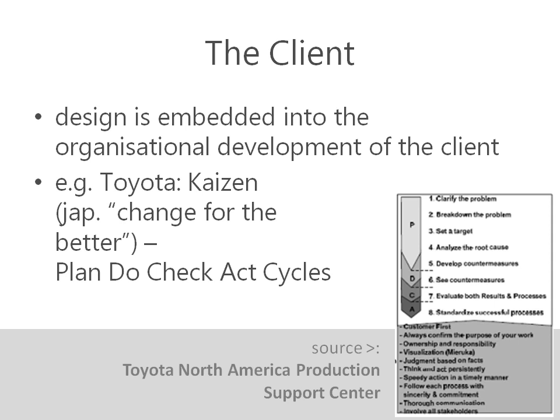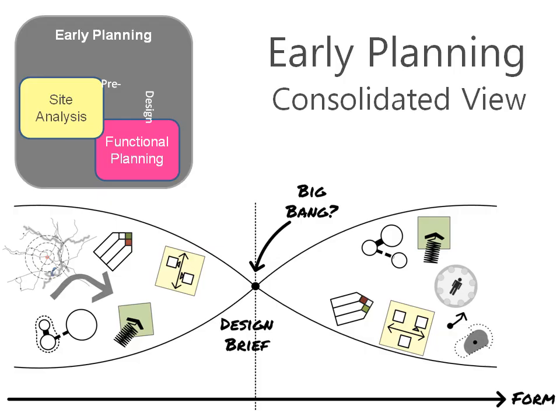And that has brought them a lot of stability in how they produce cars and how they deliver quality. Now, when we look at the big picture, why am I talking about the client in the first place? In the big picture, you see that we have really two parts of design.